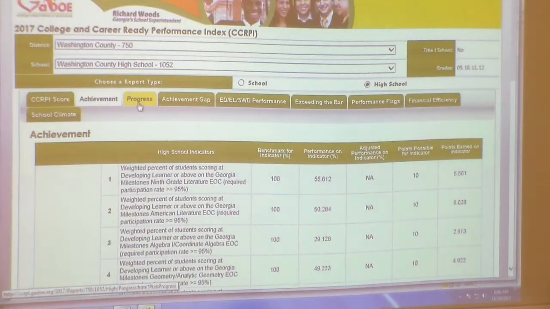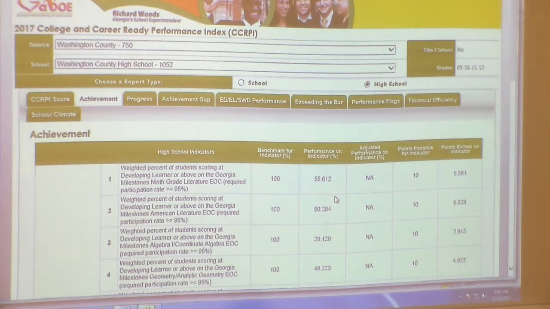On your performance indicators, it tells you what percentage of students did well. You can see 9th grade lit, 55% got it. So we're about half, and that's why I was telling you that our honors and AP kids are consistently doing what they need to.